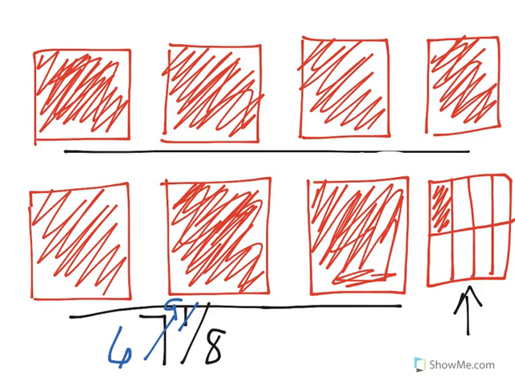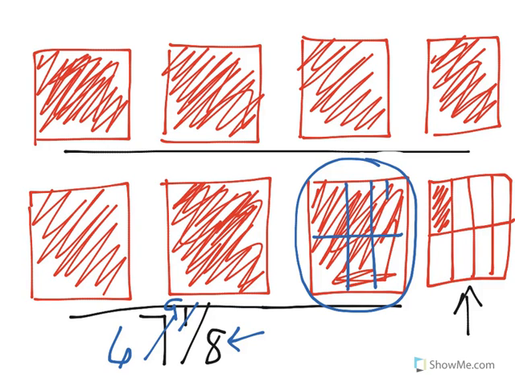Let's take a look at how we did that. So we're going to borrow one of those 7s. And I've got to cut it up into 8 pieces because that's my denominator. That's how many parts are in the whole thing. So if I divide that up into 8 pieces, we can see I now have 6. So there's 1, 2, 3, 4, 5, 6 whole things.